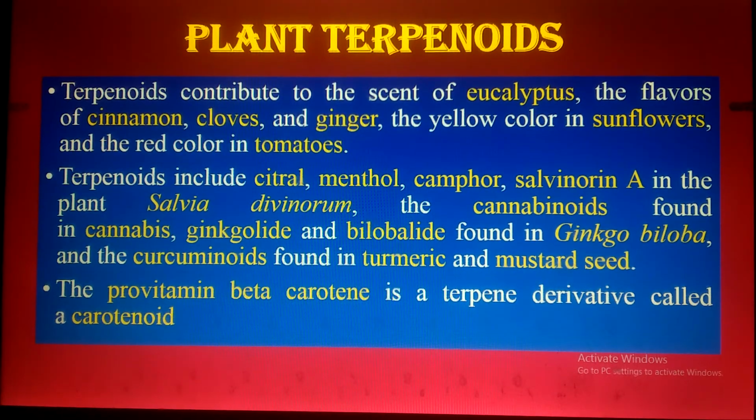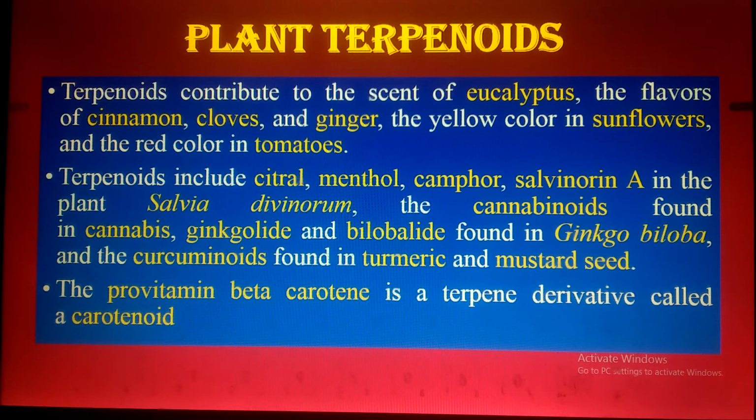Terpenoids contribute to the scent of the eucalyptus. Eucalyptus fragrance scent is because of those terpenoids. The flavor of the cinnamon, cloves, ginger, the yellow color in the sunflower, and the red color in the tomato, carrot, and many more.